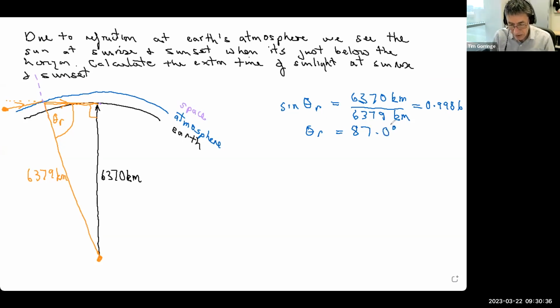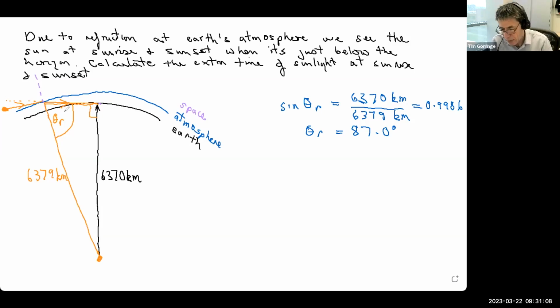And so that is the refracted angle. You see, it is indeed very close to 90 degrees. The angle in the bottom corner here will just be that 3 degrees that is missing. So we've already figured, just by basic geometry, the refracted angle.